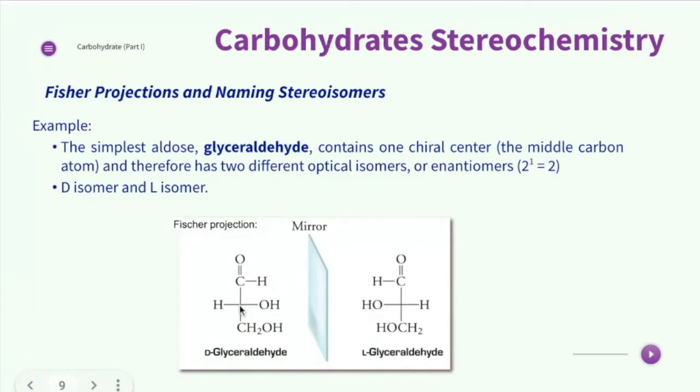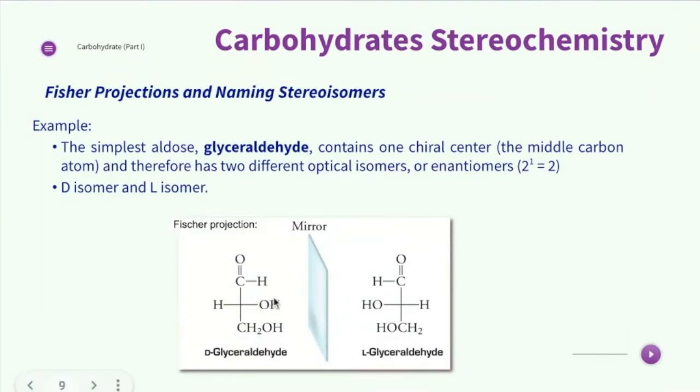So what is the potential number of isomers that glyceraldehyde can have? 2 to the power of 1, only one chiral center, so it only has 2 isomers or enantiomers. Okay. So the L and D configuration can also be read from the Fisher projection, as I mentioned.